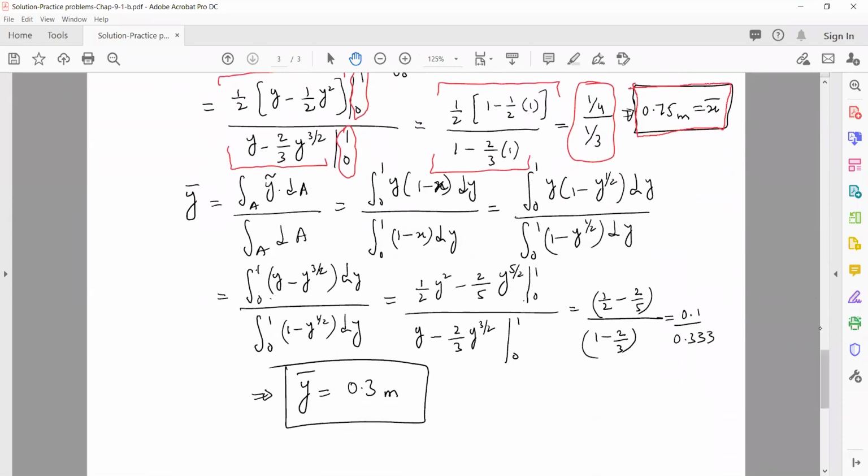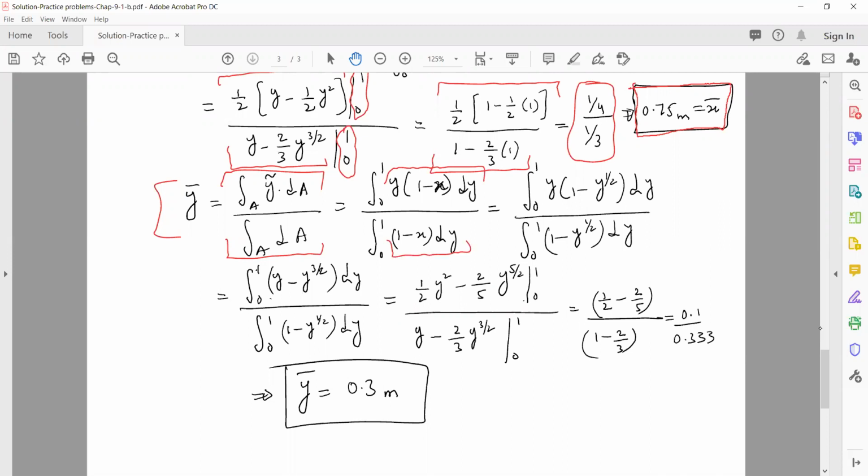Now let's go for y bar. We know the equation. At the top we have the integral of y bar of the element times dA, and in the denominator we have the integral of the area dA of the element. Now just put in the values. We get y times 1 minus x times dy at the top and 1 minus x times dy at the bottom.